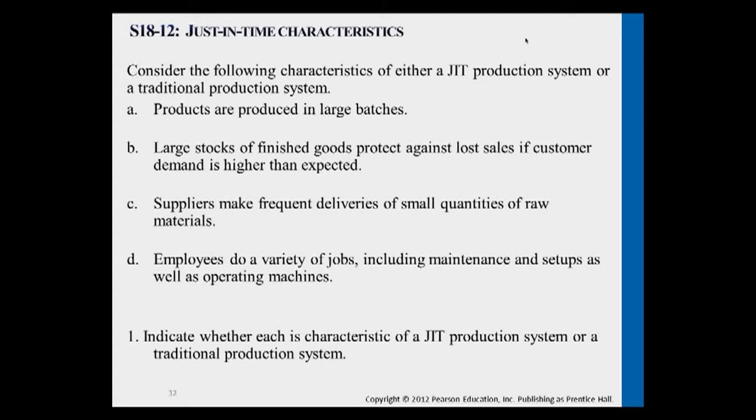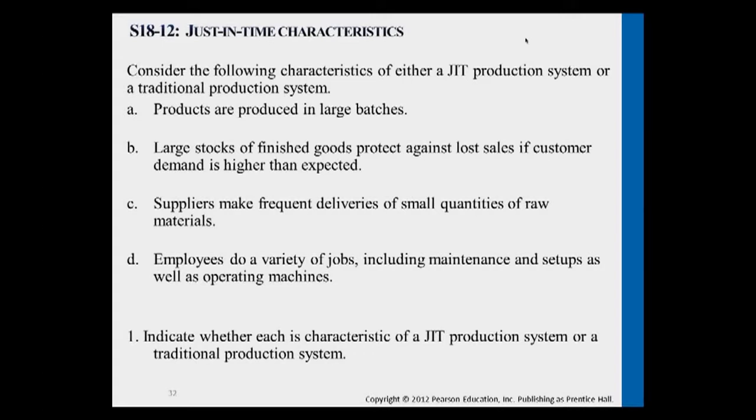Consider the following characteristics of either a JIT production system or a traditional production system. So A, products are produced in large batches. Traditional. Why is it traditional? JIT is small batches. Oh, alright.